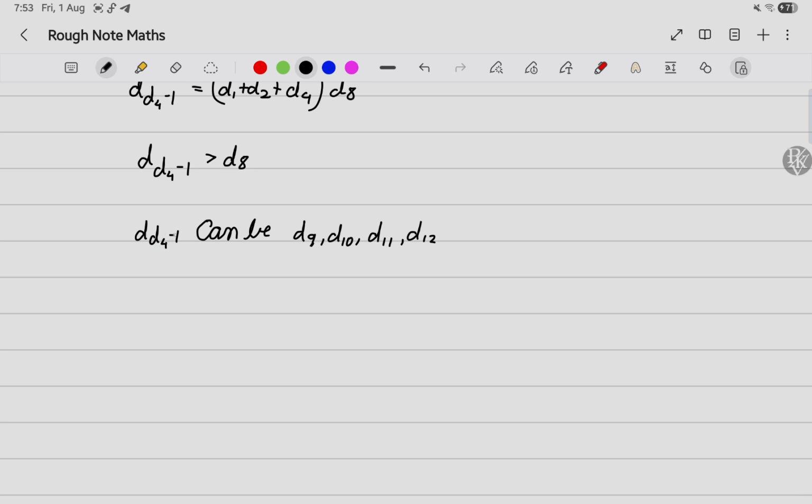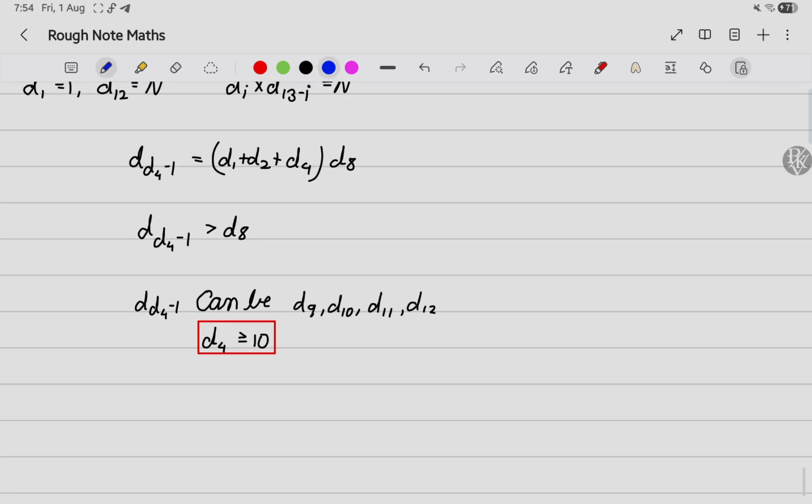Since the minimum that d4 minus 1 can be is d9, we can say that d4 will be greater than or equal to 10. So let's just keep that in a box and we'll continue.